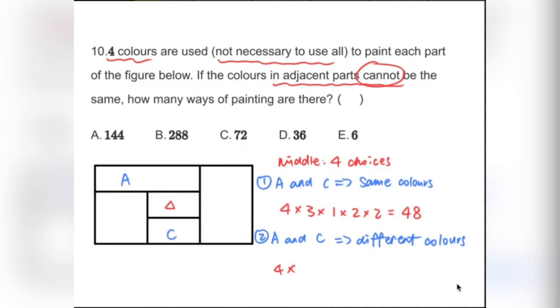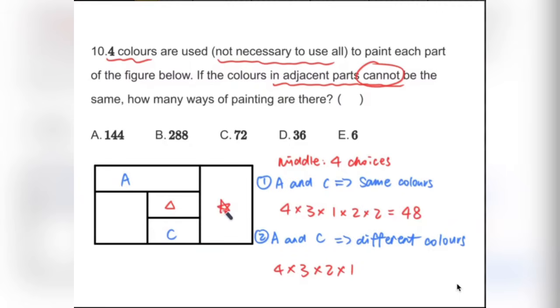Yes, you use 1, so you still have 3 choices. And then what about C? Here for C, you only have 2 choices because they are different colors, right? And then what about the rest? For this part, you see that you already used 3 colors, which means there's only 1 possible way for you.